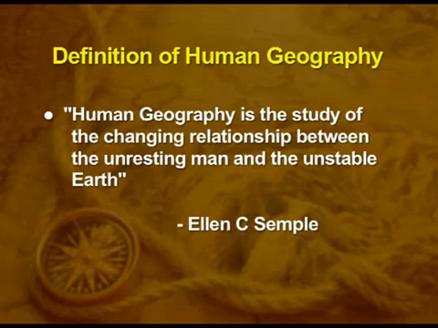In his definition, the two components, that is, the human societies and the Earth's surface, have been enveloped together to clearly explain their interdependencies. Ellen C. Semple defined human geography as the study of changing relationship between the unresting man and the unstable earth.